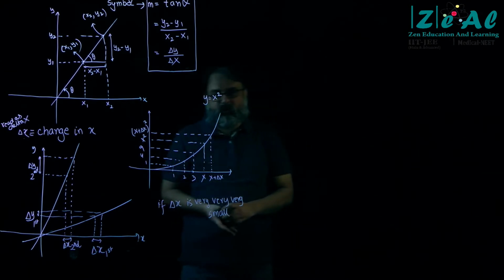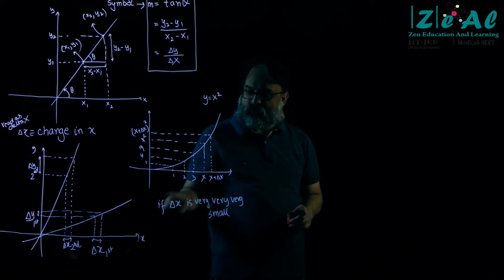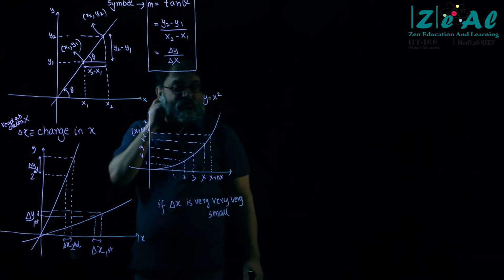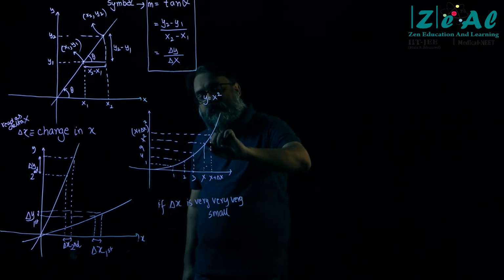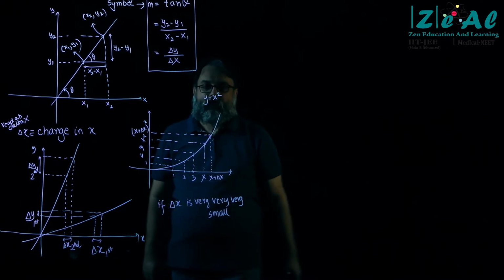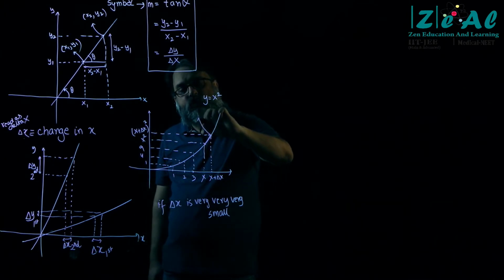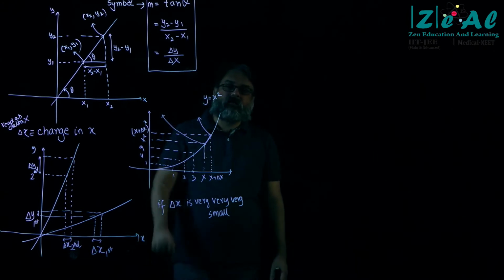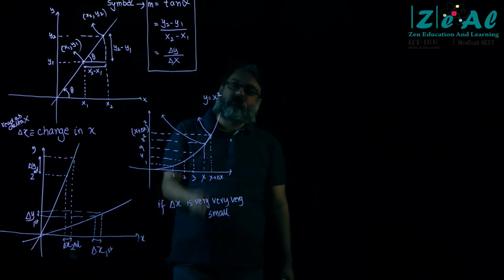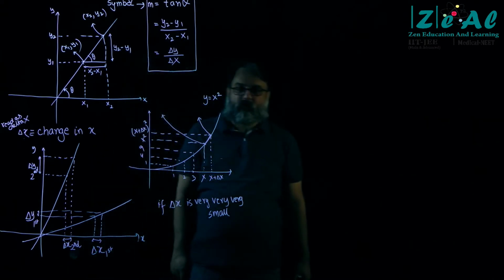In fact, that is going to be the main discussion of this lecture, how to replace this sentence. So if delta x is very, very small, we agreed that this part of the curve will look like a straight line. And if this is a straight line, then I know the coordinates of this point and I know the coordinates of this point. And since I know the coordinates of 2 points on a straight line, I can work out the slope of the graph, right?